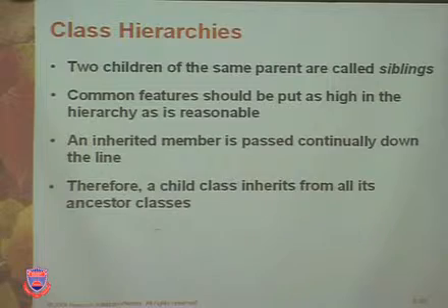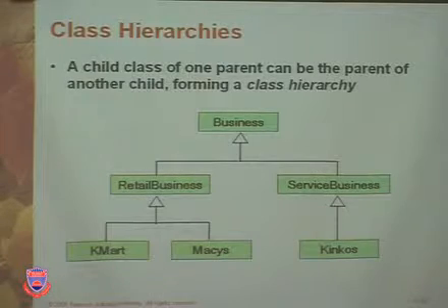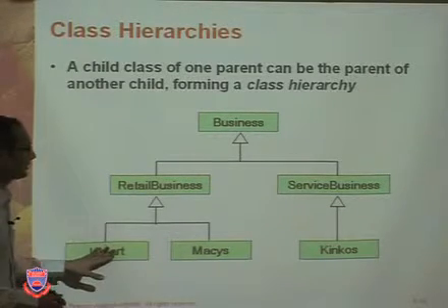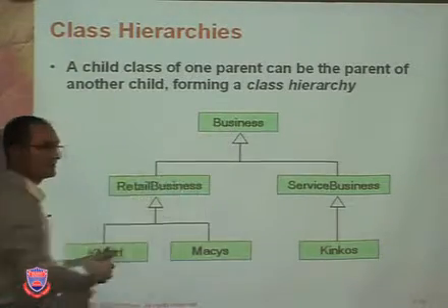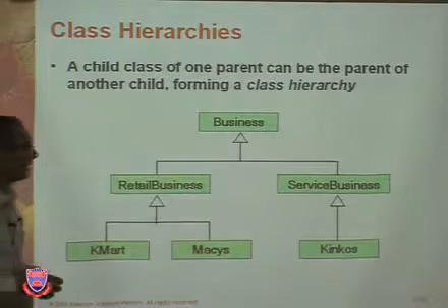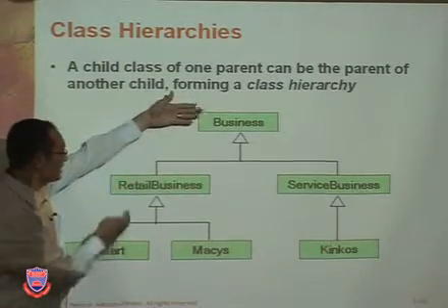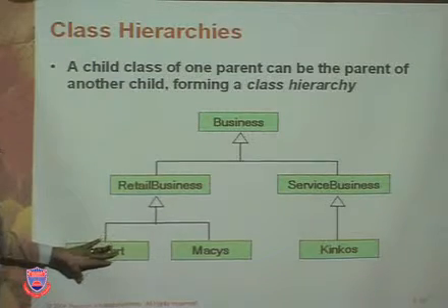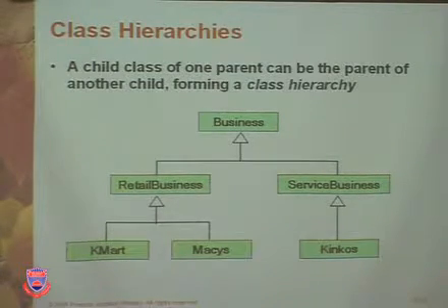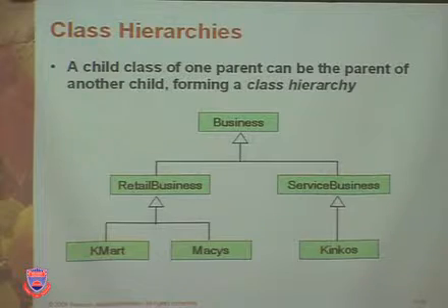In this example, Kmart will inherit the properties of the retail business, and also the business methods, whatever they have provided. So if business has instance variables and retail business has separate instance variables, these will all be available to Kmart. And you can access their respective methods as well.